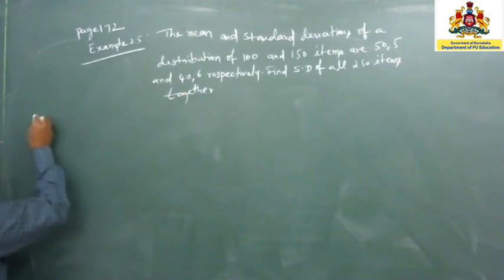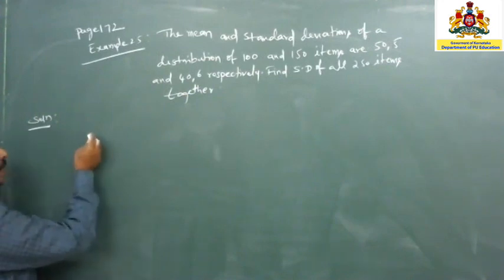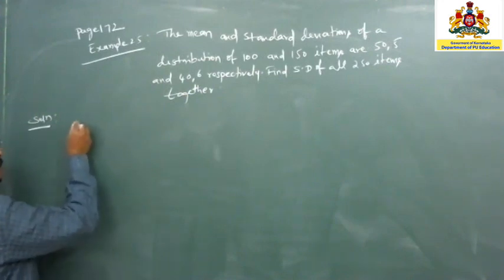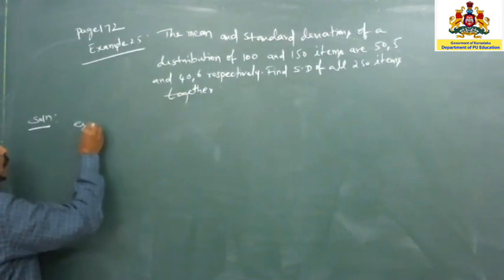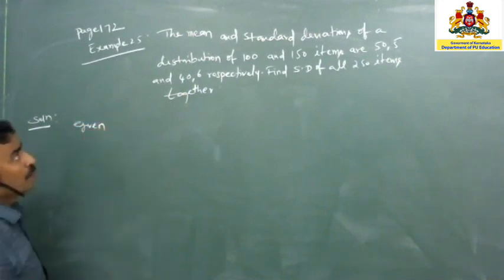Solution. It is based on combined arithmetic mean and combined standard deviation. First, take the given values. Two groups are given.